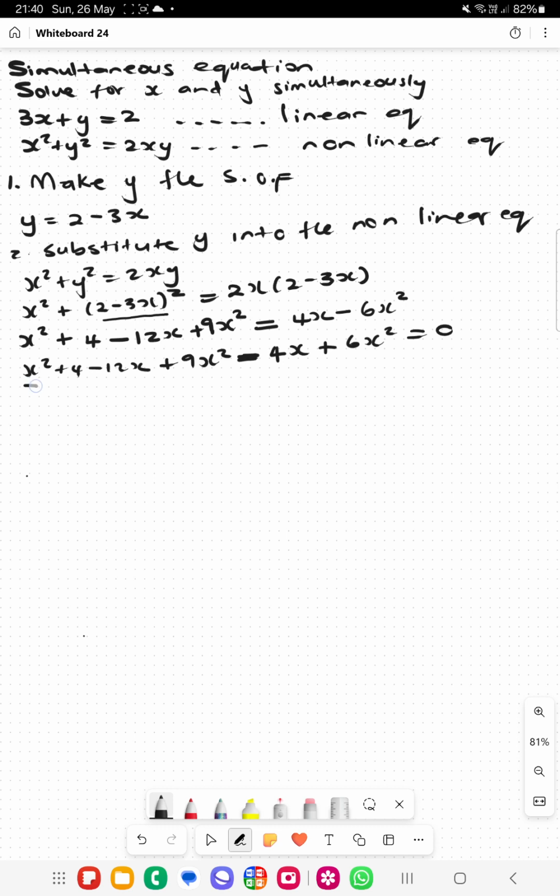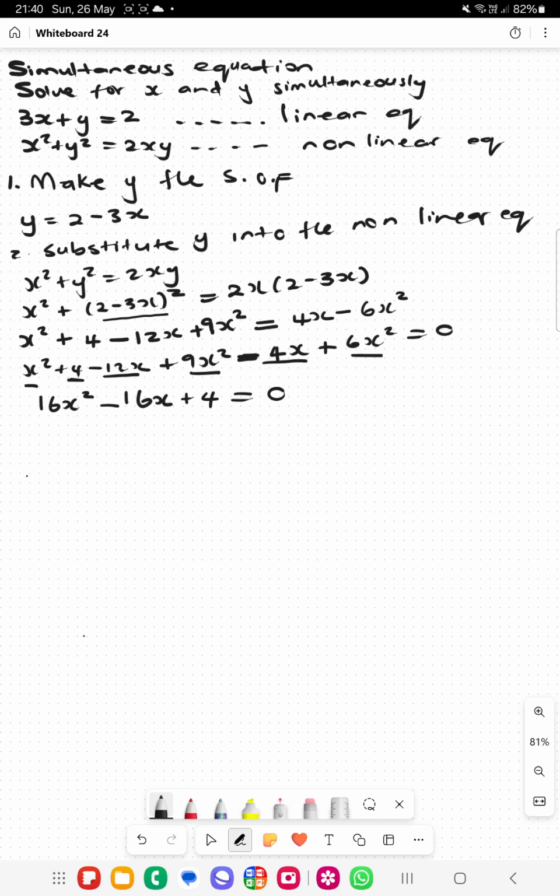Adding our like terms, x squared plus 9x squared plus 6x squared gives me 16x squared. Then I have minus 12x minus 4x, that gives me minus 16x. And then my 4, there's no friend, it will be alone there, plus 4 equals 0.